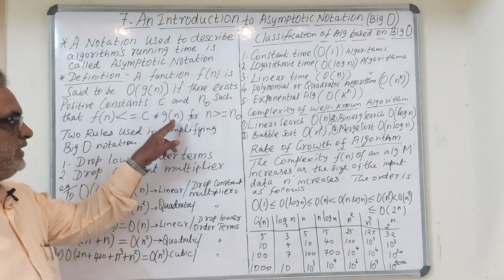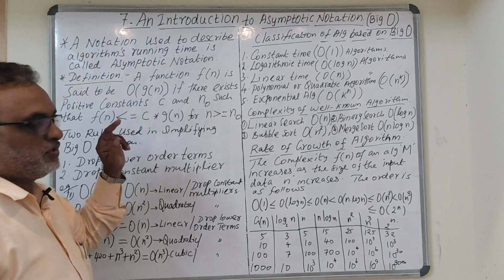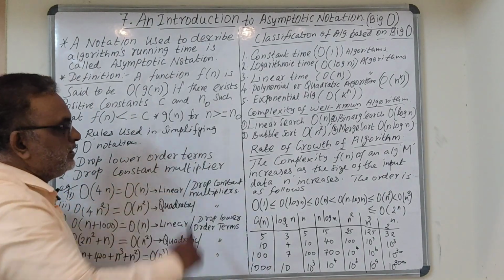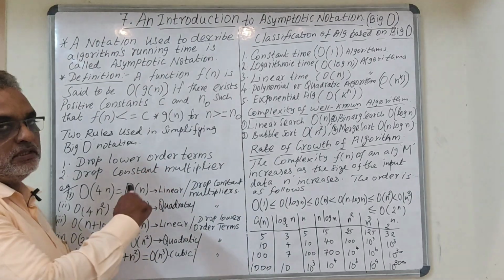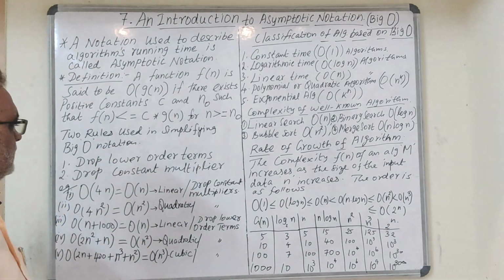Here g of n is an arbitrary function, and of course c is a constant. So the product of these two should always be greater than the value of f of n.